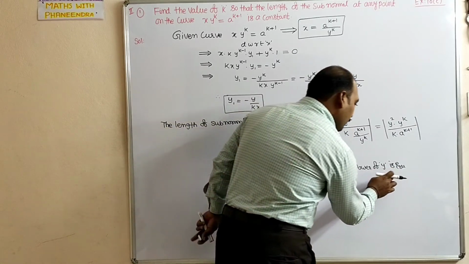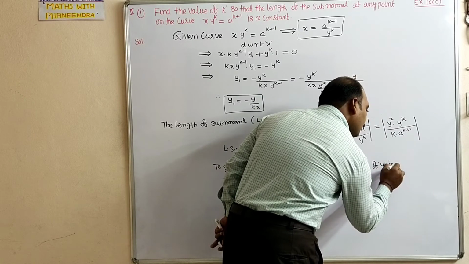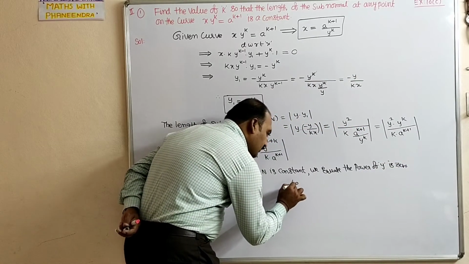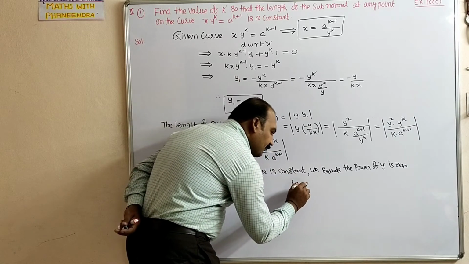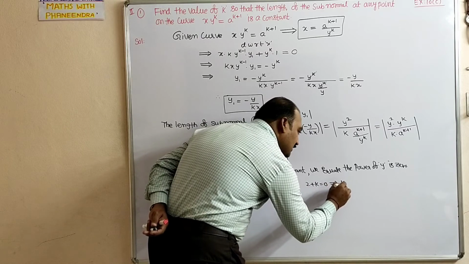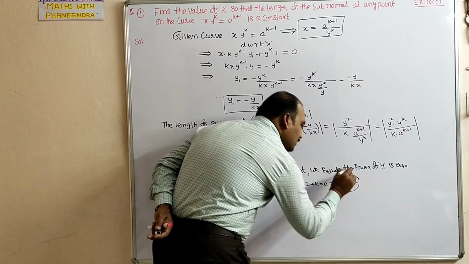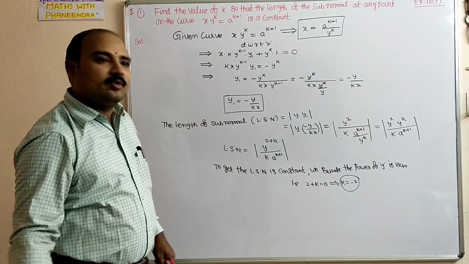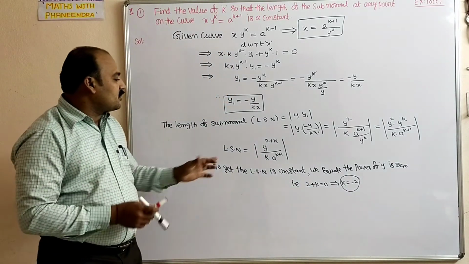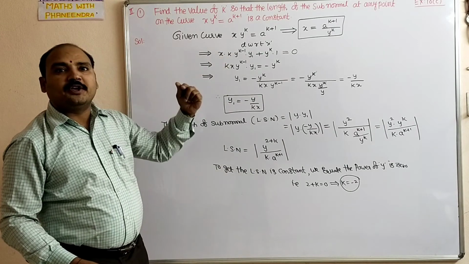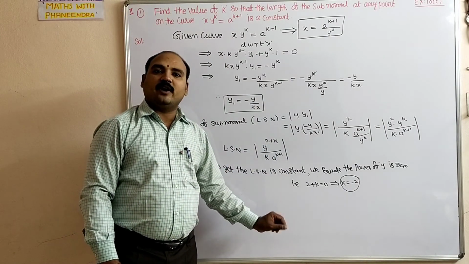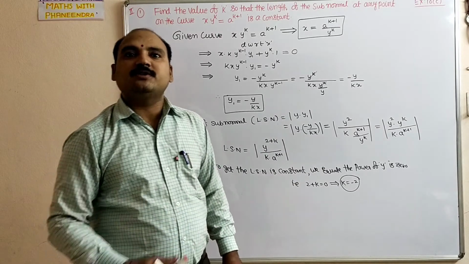We equate the power of y is 0. What is the power of y here? 2 plus k. 2 plus k equal to 0. That implies that k is equal to minus 2. They are asking to find the value of k only, no? So for the value of k equal to minus 2, the length of subnormal to the given curve at a point is constant. This is the required value. We will move to the next question, dear students.